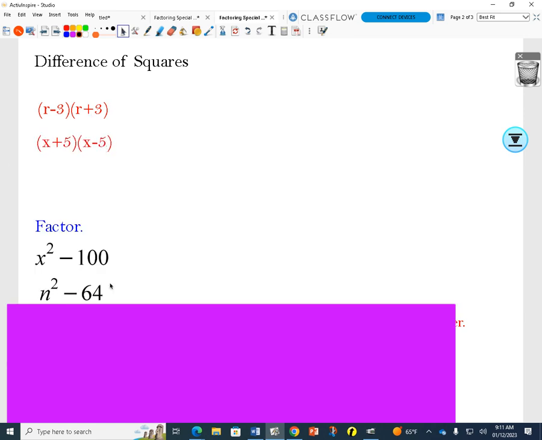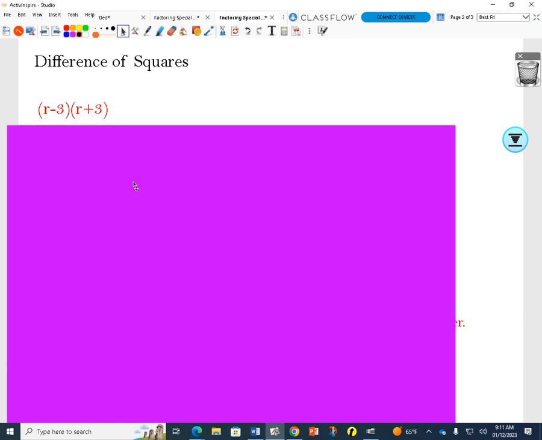To see what it looks like, we're going to multiply r minus 3 times r plus 3. We're not going to use our shortcut first. R times r equals r squared. R times 3, remember, equals 3r. We're going to multiply everything in both parentheses by everything.